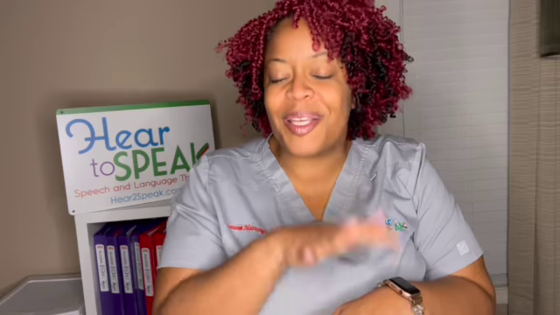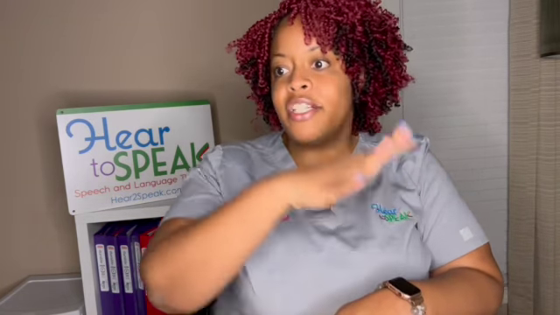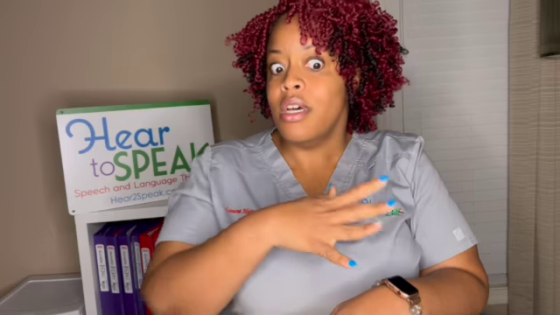But what they won't tell you, and yes, I'm gonna let the cat out the bag. Let's say I'll use a child with autism. Let's say your child has autism, or let's say your child has a specific learning disability, and they got diagnosed at a young age, and now we're in middle school, and you are tracking your child's progress, their grades, and you're seeing they're doing really good in math.